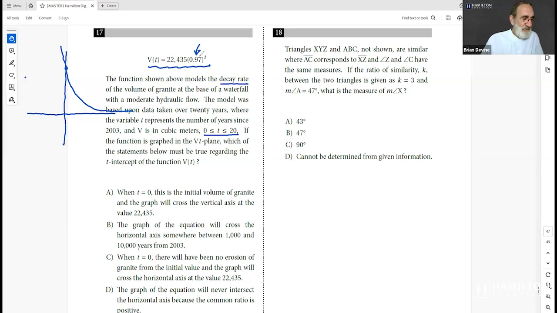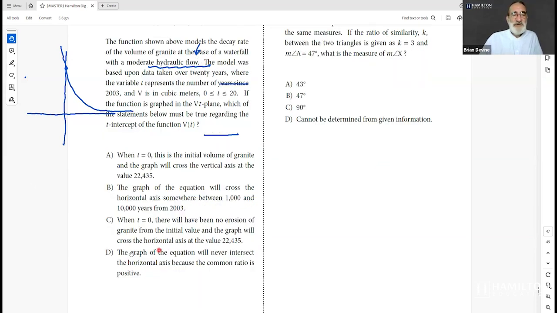So we're never going to cross the x-axis because this common ratio is positive. It'll always be a positive number, no matter how big t gets. Well, if that's the case, then the graph of the equation will never intersect with the horizontal axis. And so D would be the correct solution here.